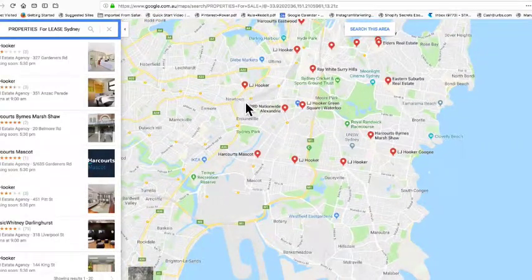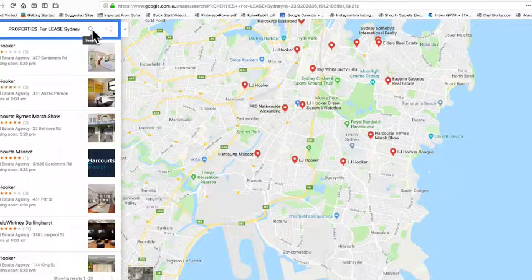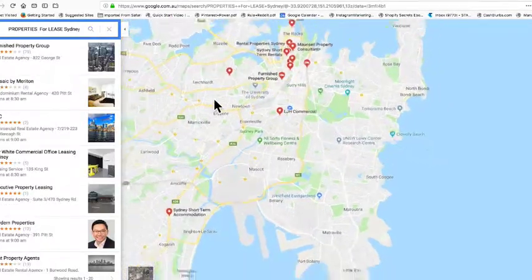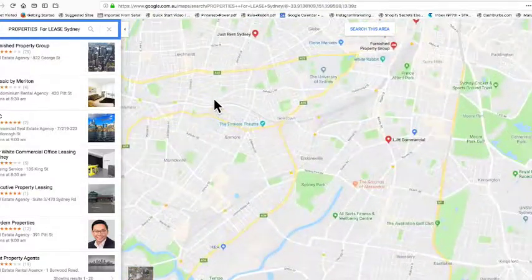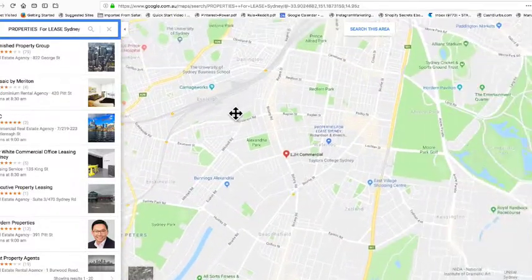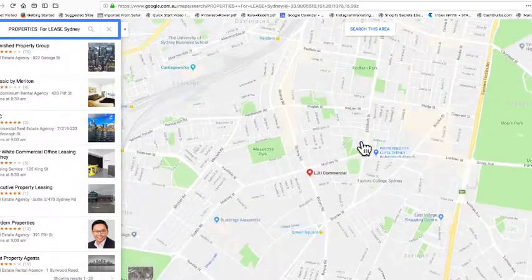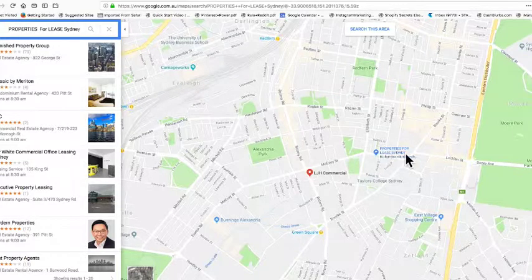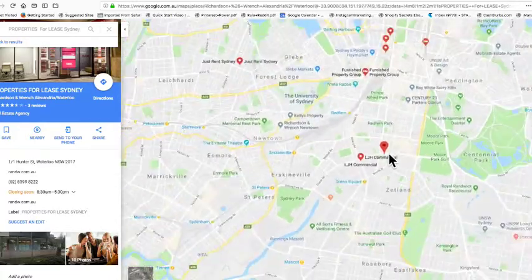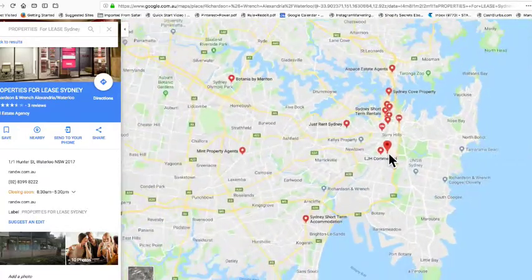Properties for lease, or properties for, I think, will work, or it'll work without it, for lease Sydney. Now, keep in mind that we had all this competition. Now, let's see what happens when I push that button.